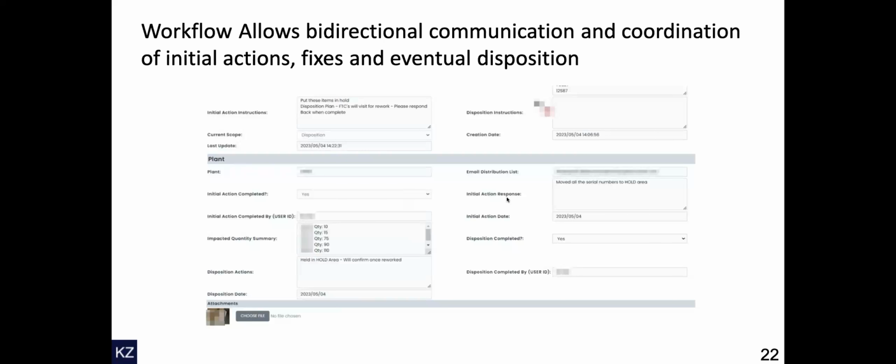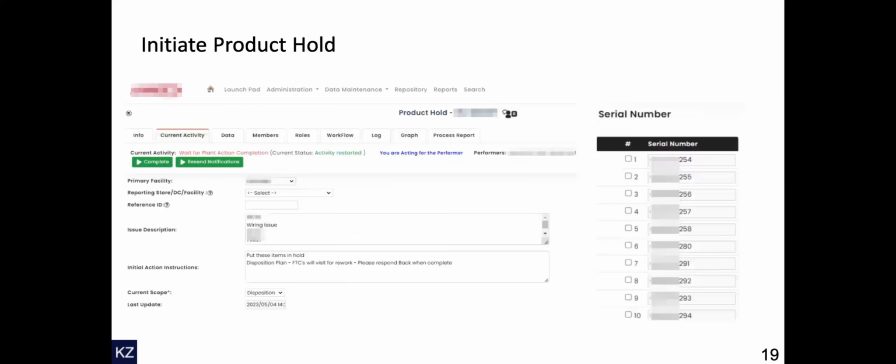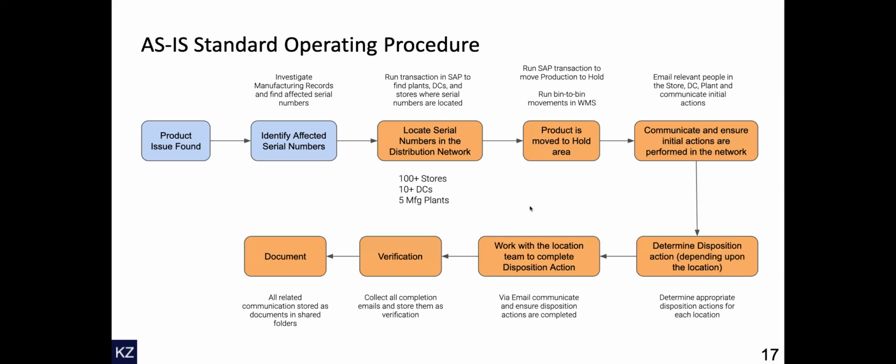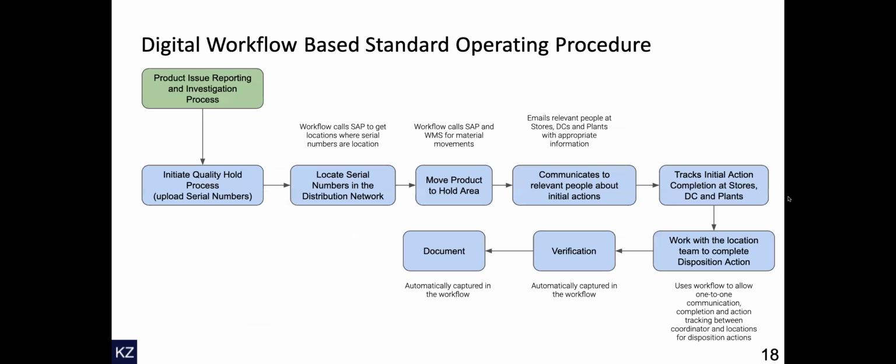So all of that becomes very, very smooth coordination and one-to-one communication within the workflow, keeping track of all of the actions getting done. As a quality management team, what used to be very, very problematic steps are now all being assisted by the workflow.